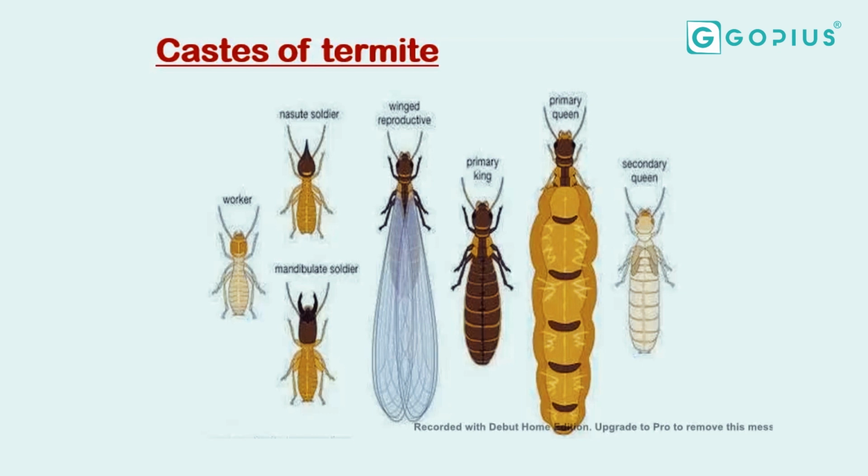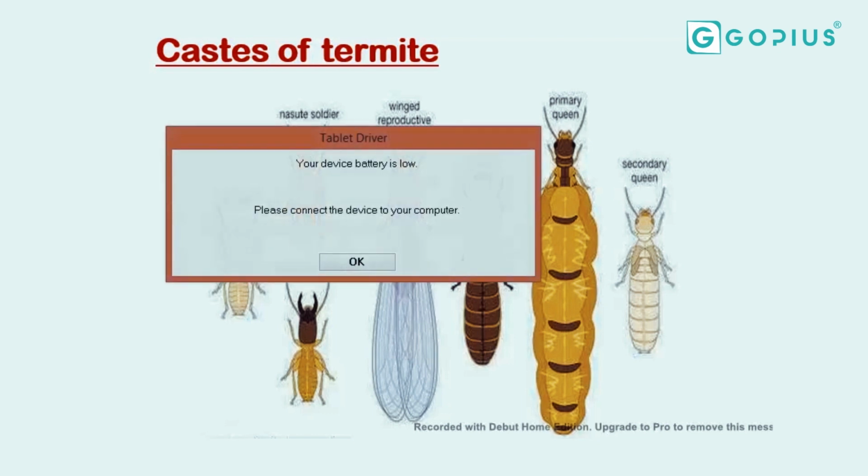Now, a high-performance queen like this lays lots of eggs. I know you'll be wondering, is it 100 eggs? 200 eggs? A high-performance queen lays about 30,000 eggs per day.